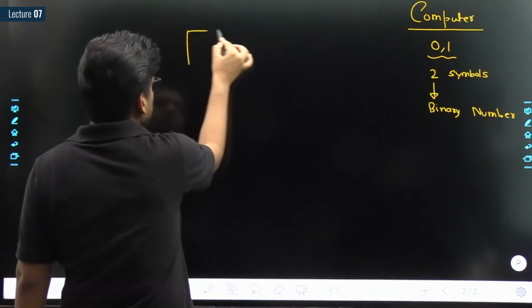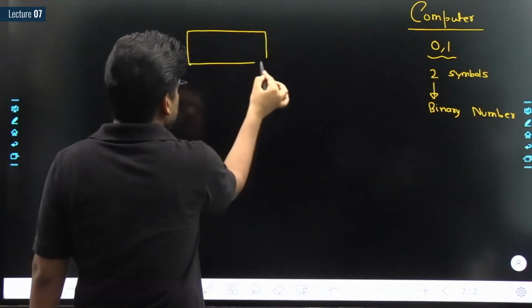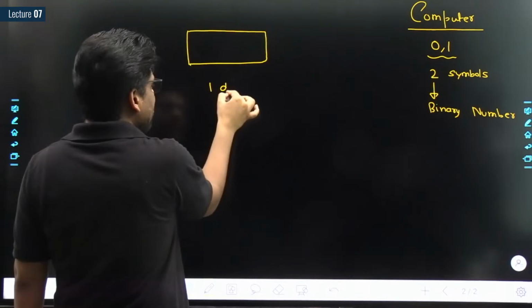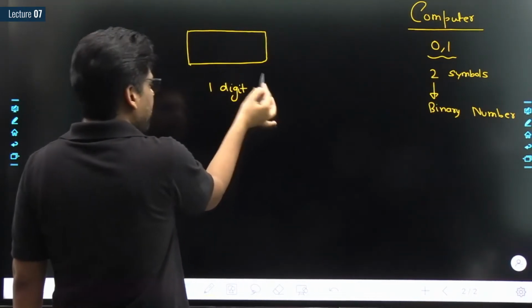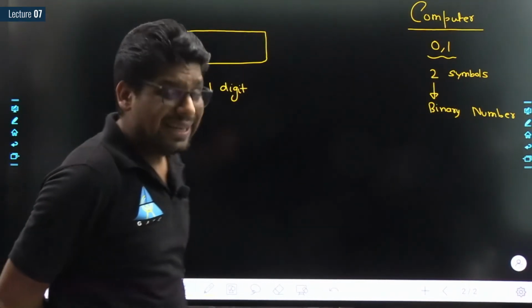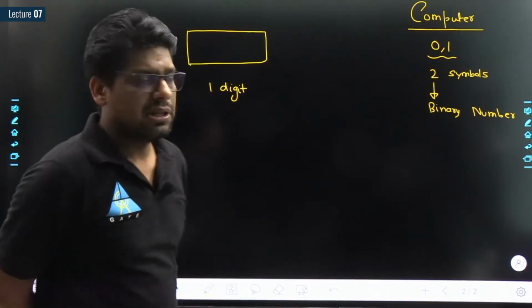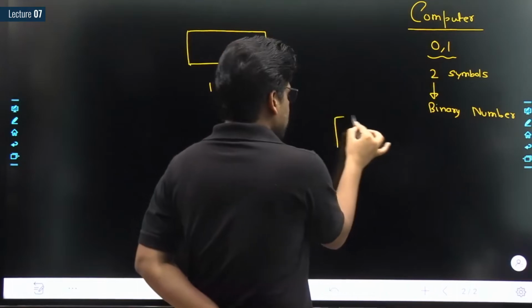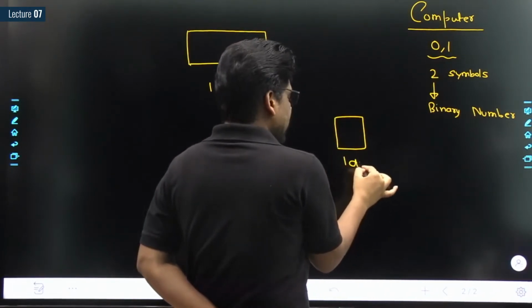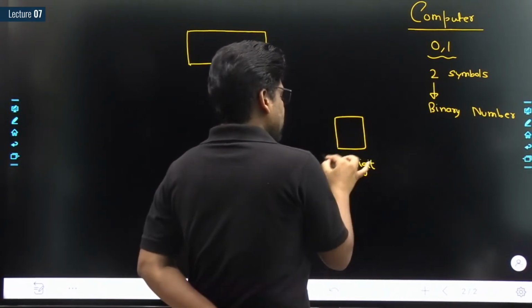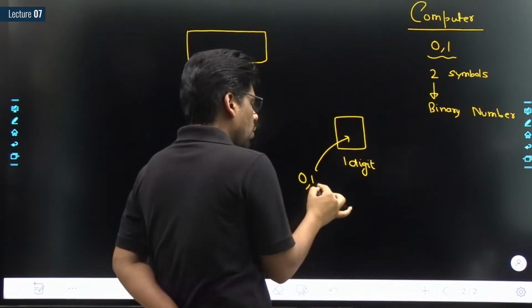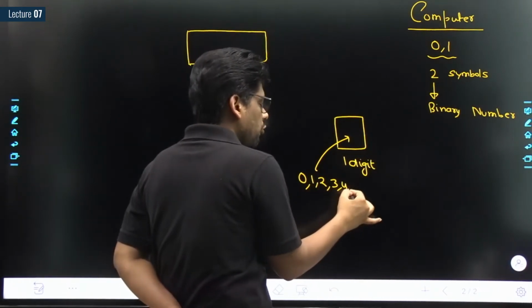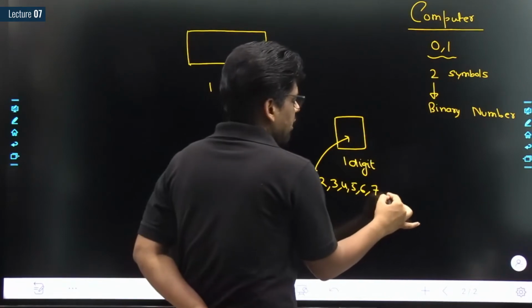Now, if I am saying this is 1 digit in the binary number system, what can it hold? Sir, in the decimal number system, a digit can be either 0 or 1 or 2 or 3 or 4 or 5, 6, 7, 8, 9.